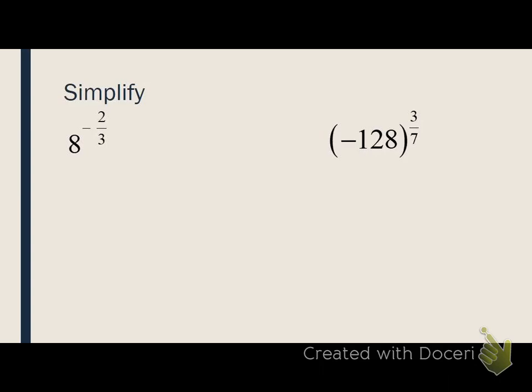Now, how does that help us with our rational exponents? Again, 8 to the negative 2/3 power doesn't have a lot of meaning. One thing we do know is that since this exponent is negative, we're going to drop this into the denominator of a fraction to make that exponent positive. But still, I don't know what 8 to the 2/3 power is, so I'm going to go ahead and rewrite this as the cube root of 8 squared.